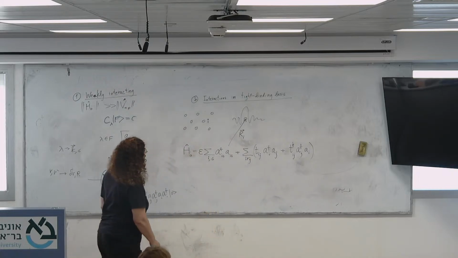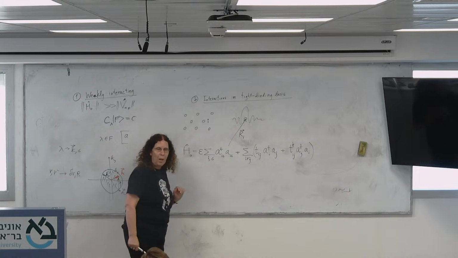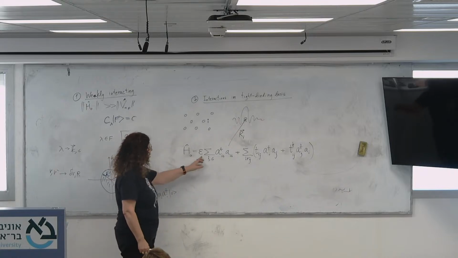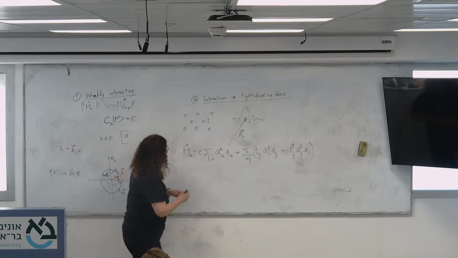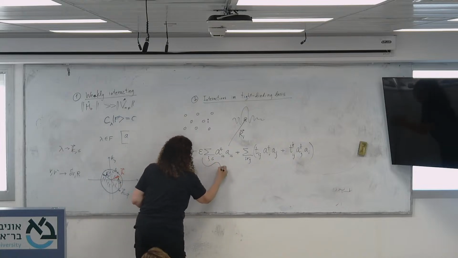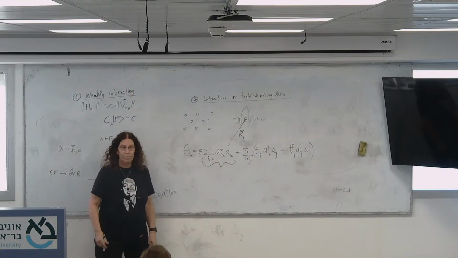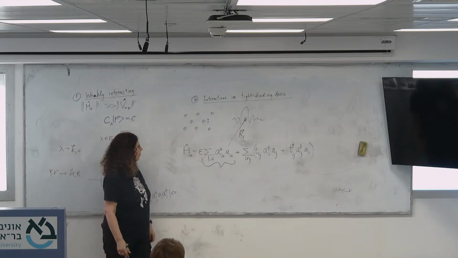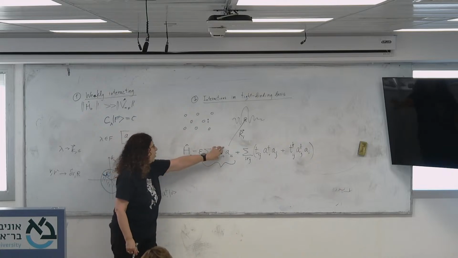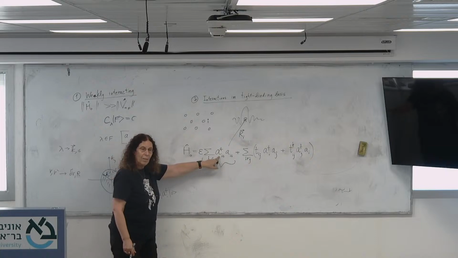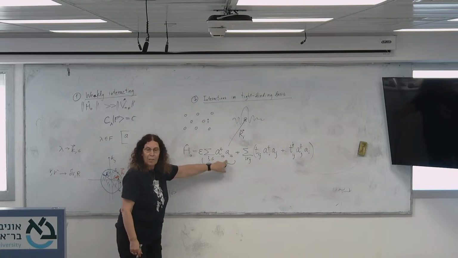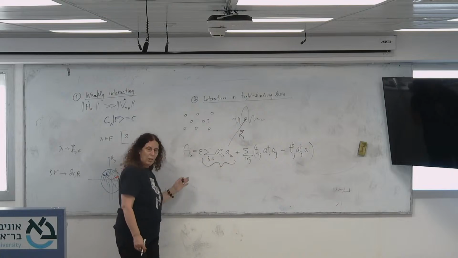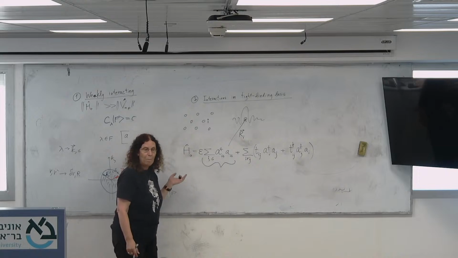Now, what does this model describe? Let us look. As I said, the first term is trivial. If you look at this operator, each of the terms is a number operator of an electron at site i with spin sigma. If you sum over all the i's and all the sigma, what do you get?